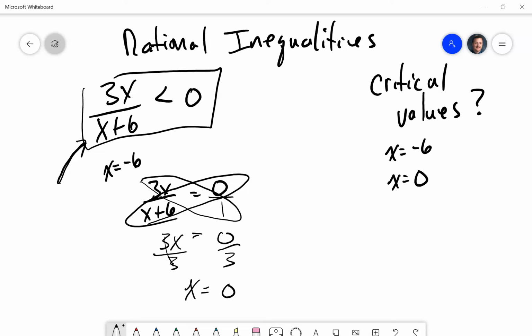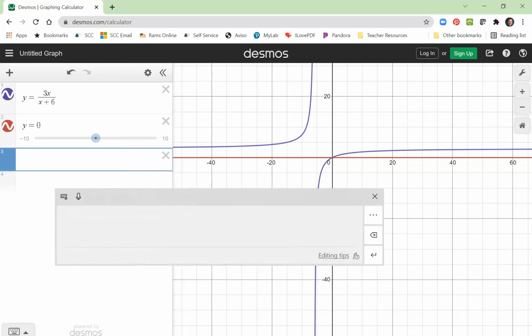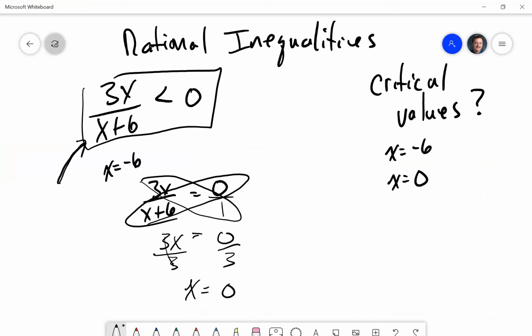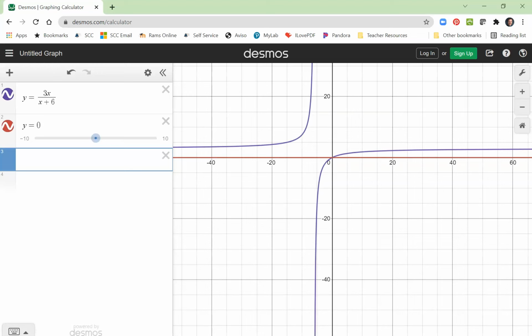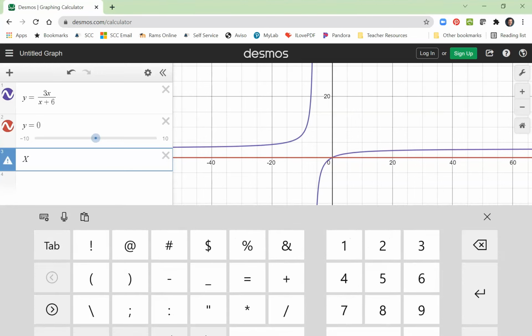Now, looking at this where we were on the graph, -6 and 0. Well, let's see what's happening at these two situations. So if I'm going to come in here and put in x equals -6, and x equals 0. So let's see what happens if we do that. So I'm going to go x equal to -6.